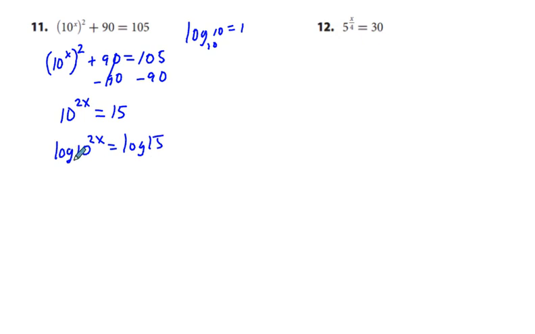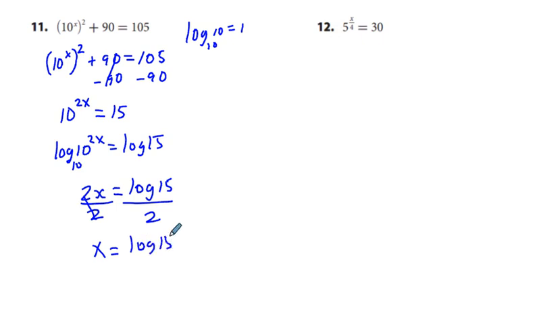And so log base 10 of 10 cancels, so we have 2x is equal to log of 15. Now dividing by 2, x is going to be equal to log of 15 divided by 2.